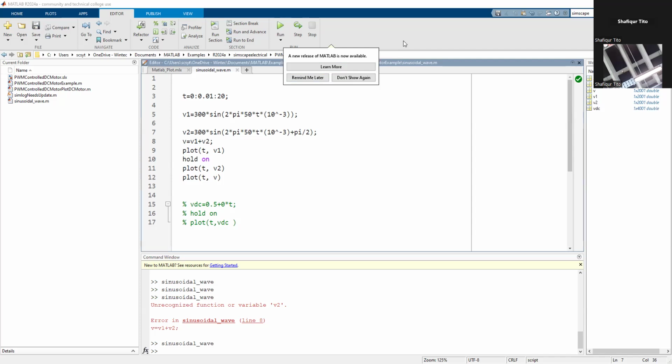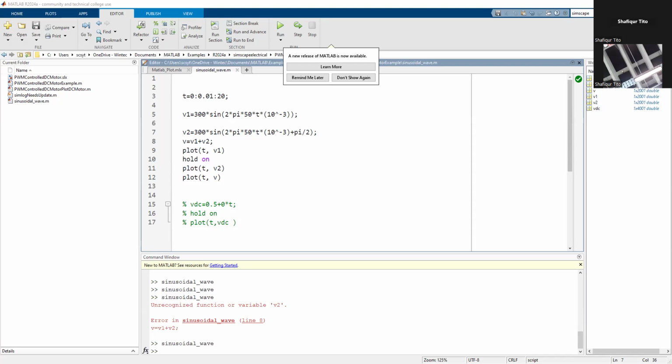Now we can easily identify which one is V1. This is my V1, which has started from 0 and continues up to 20 millisecond. This has also started from 0, continued, and ended at 20.